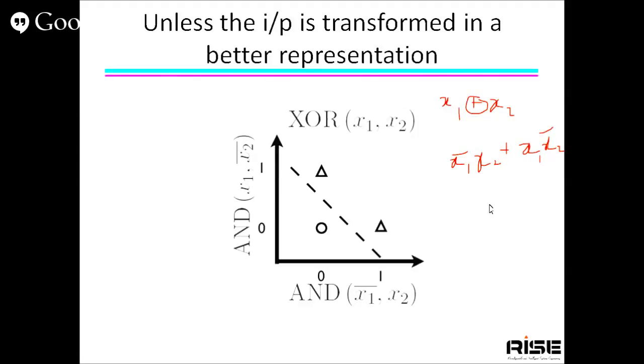We know this basic transformation. So what he suggested is that instead of giving x1 and x2 as input to the perceptron, give x1 bar x2 and x1 x2 bar to the perceptron, and you have a classification problem which has a linear boundary.